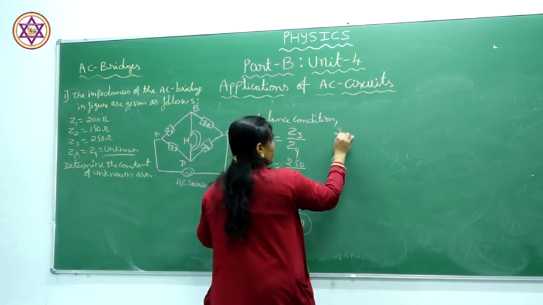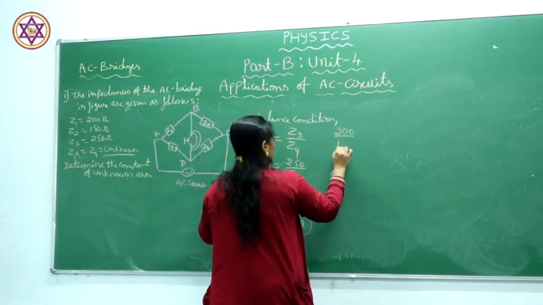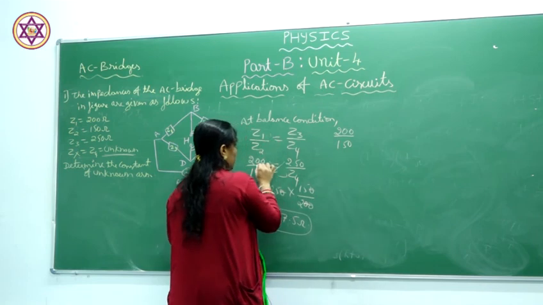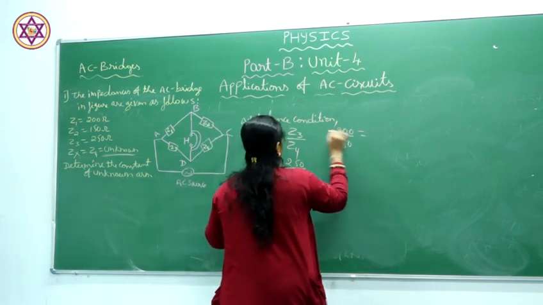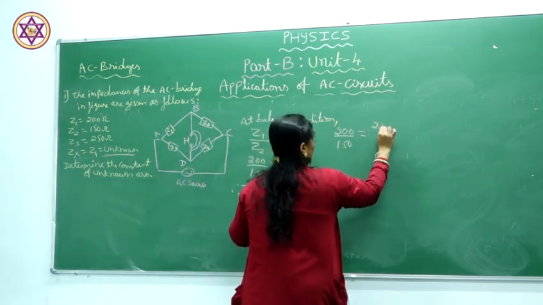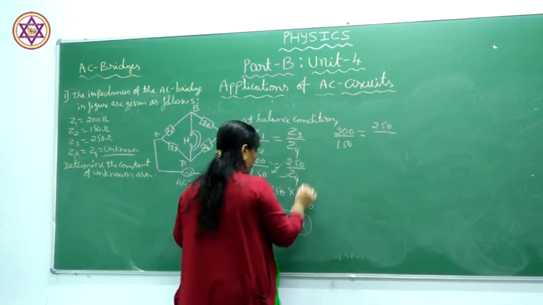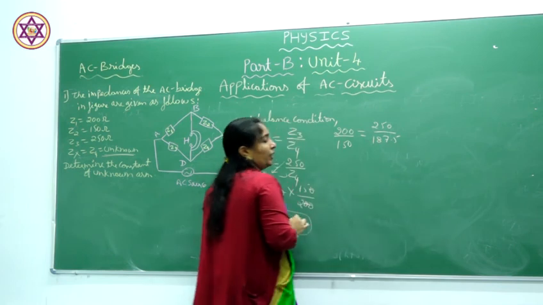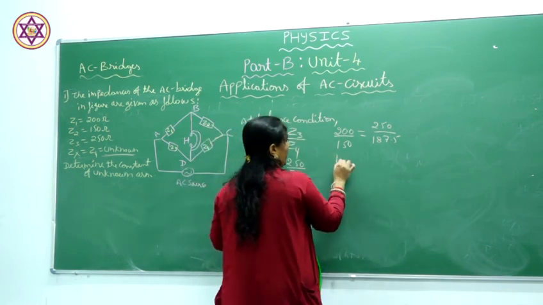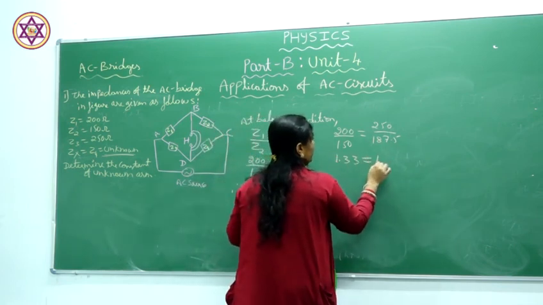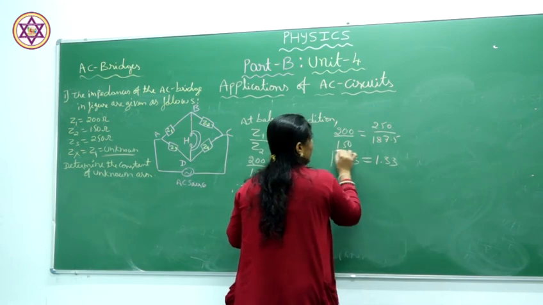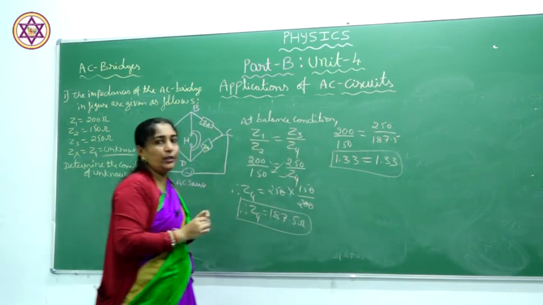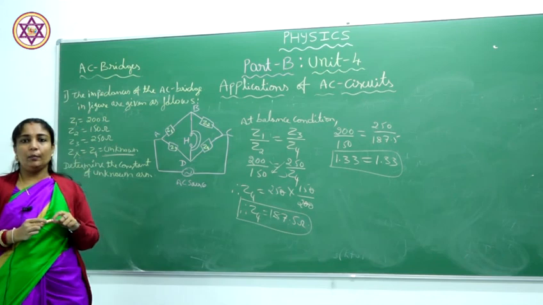So, Z1 is 200, Z2 is 150, Z3 is 250. What we get? The value of Z4 is 187.5. If we simplify, we get, so this satisfies the balance condition of the AC bridge.